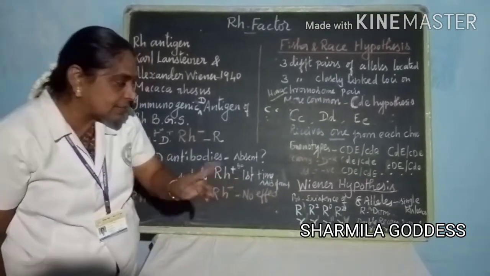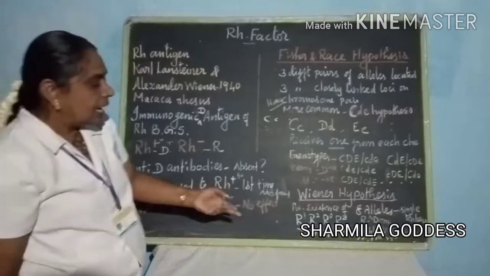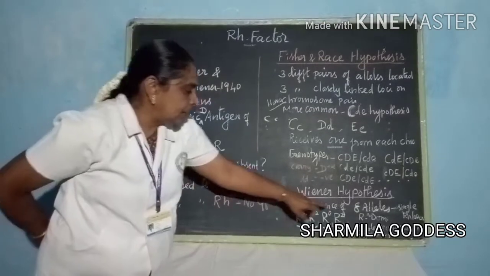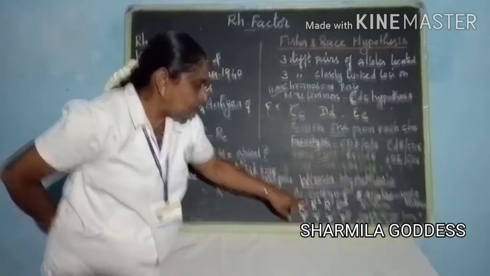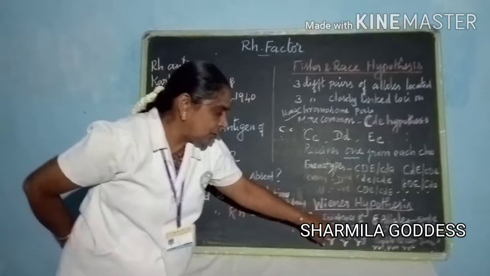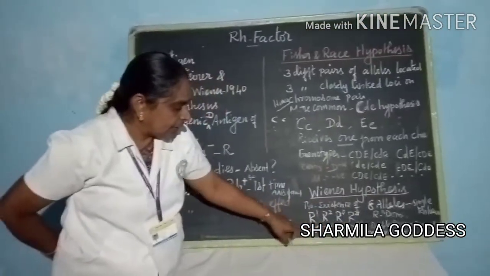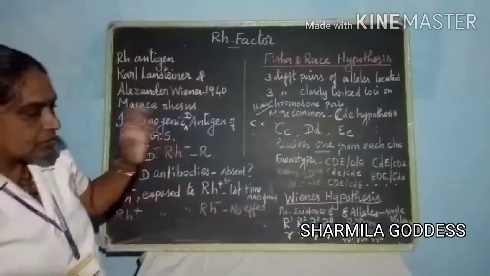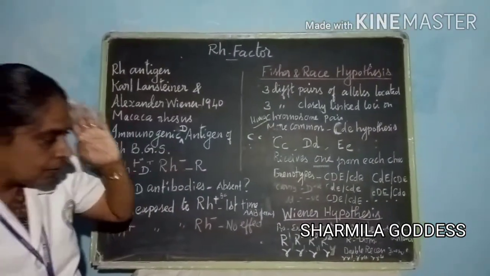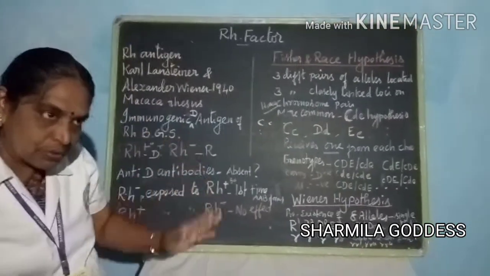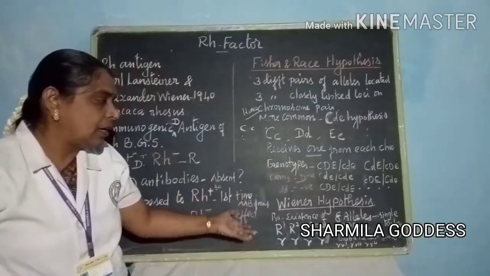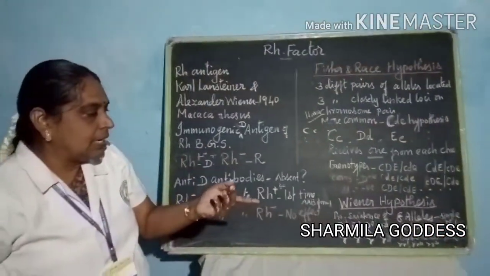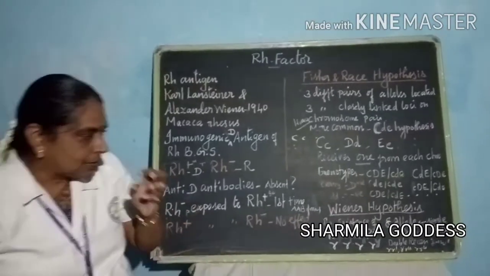The double recessive alleles give rise to the recessive one.